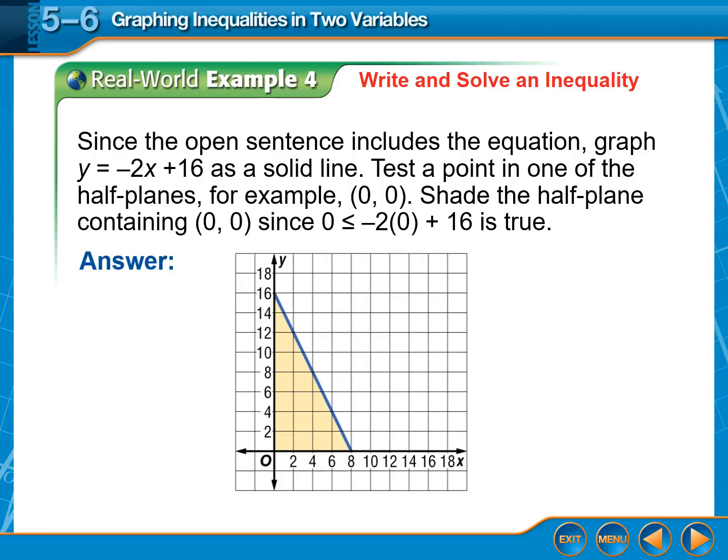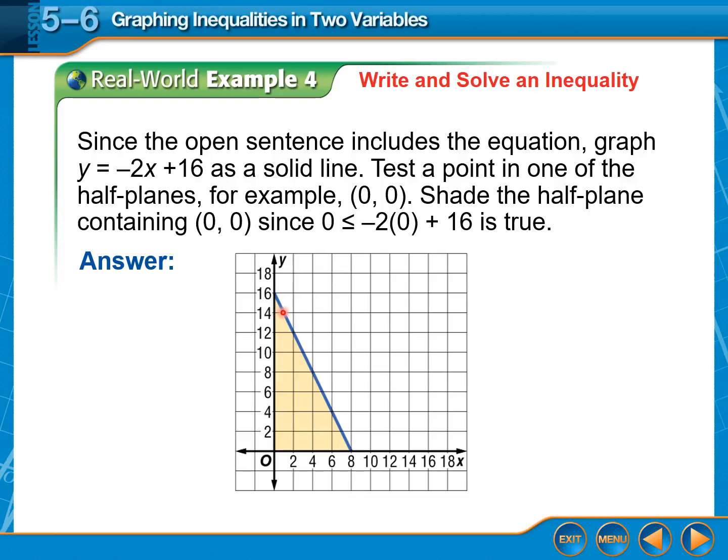All right, so now how do we graph this? So we're going to use y equals mx plus b. My starting point is 16. So up on the y-axis, I start with 16 with my point. My slope is negative 2, meaning every time I move over 1 on x, I move down 2 on y. So if I'm at 0 and I move over 1, I'm going to go from 16 down to 14.